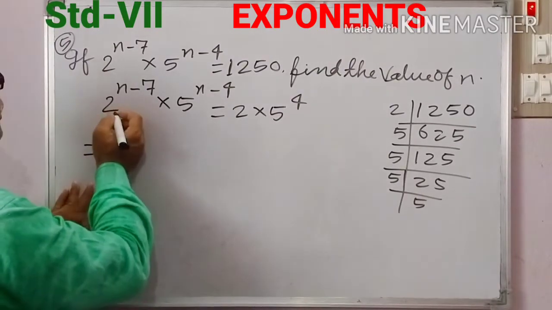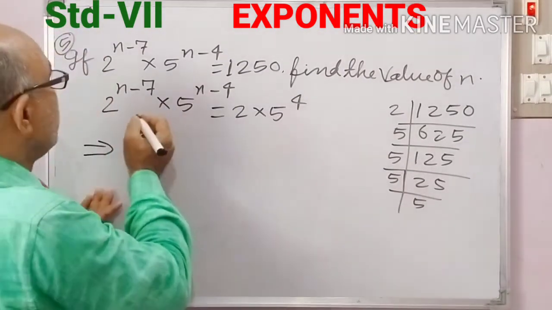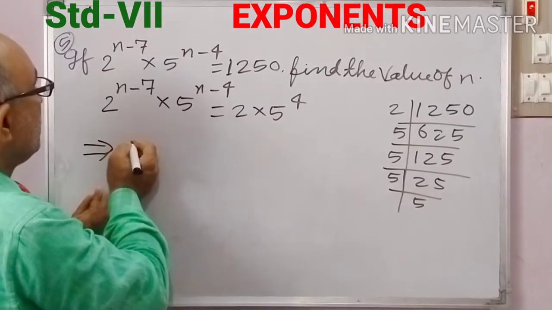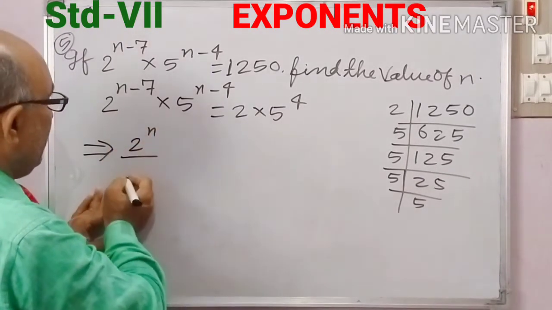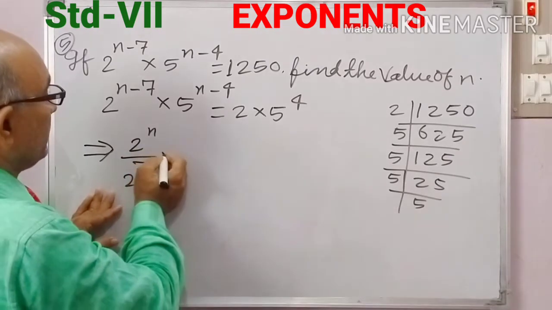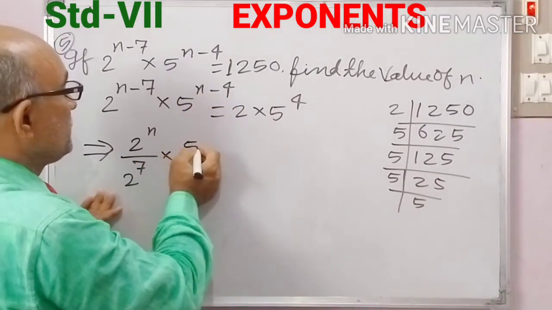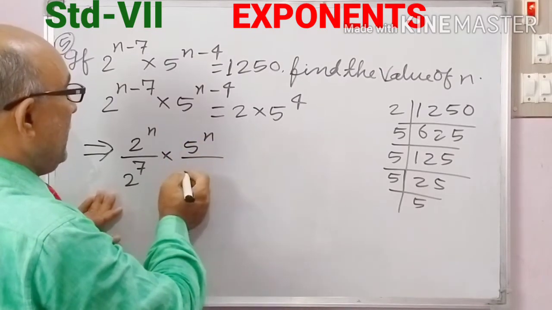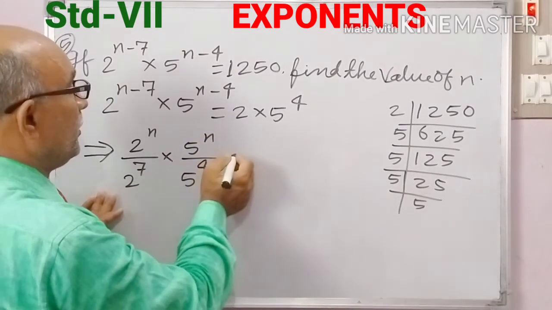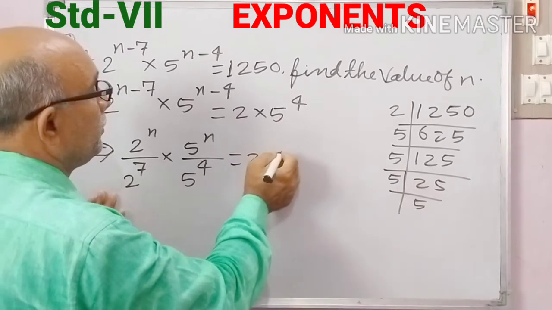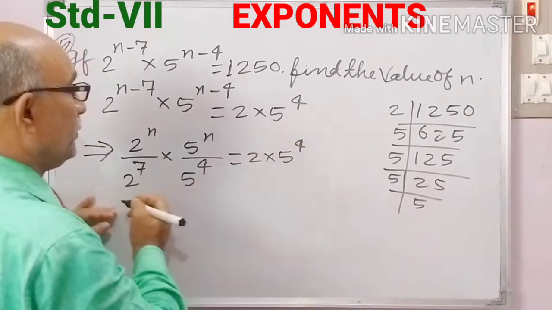That implies 2^(n-7) means 2^n divided by 2^7, into 5^(n-4), that means 5^n by 5^4, equal to 2 into 5^4.